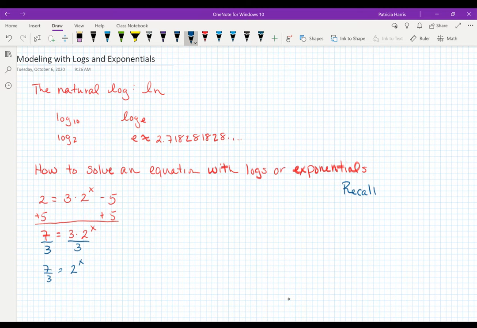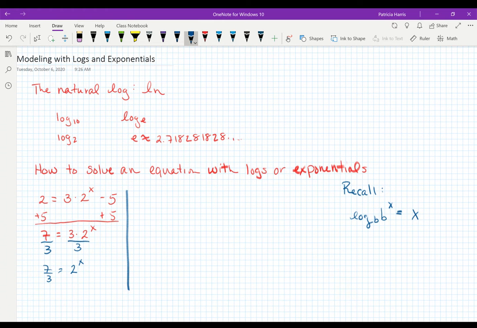Now, if you recall, there's a property of logs that says this. I've got log base b of b raised to the x, and I have this. So I'm going to use that to my advantage. Remember, properties of equality state that as long as I do it to one side, I have to do it to the other. Notice that your base right here is 2.